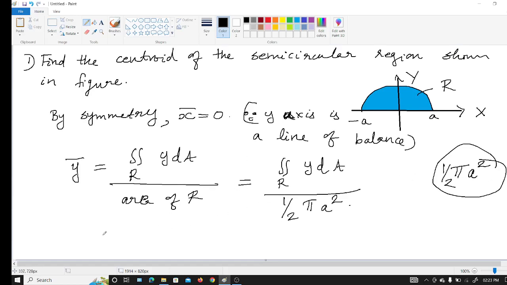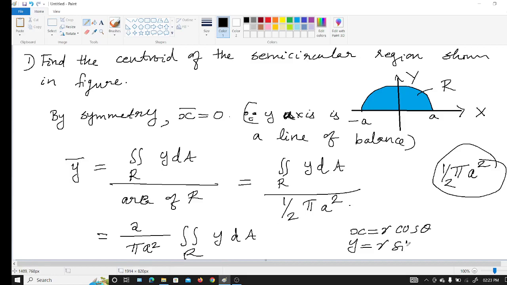Now that is equal to 2 in the numerator, then pi a square, then we have only double integral y dA over the region R. Now we can calculate this integral by converting this into the polar form. In polar form, x equal to r cos theta, y equal to r sin theta, and dA equal to r dr d theta.